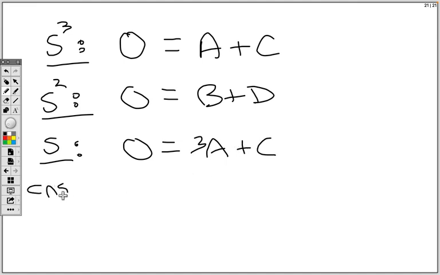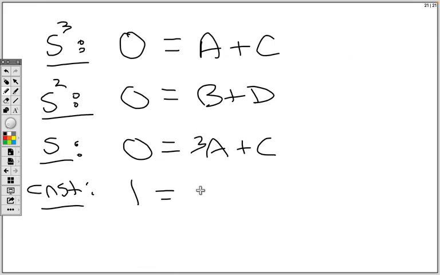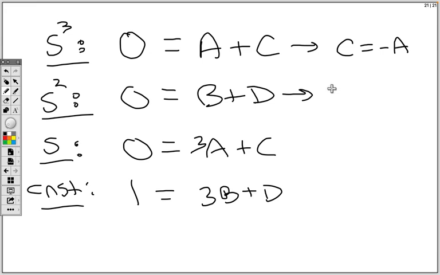And then for constants, we've got 1 on the left, and that's going to have to equal what? What do I get on the right? 3b plus d. So here you get a and c are opposites. Here you get d and b are opposites.